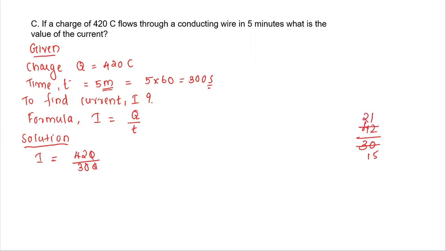Now we can cancel with the 3. 3 5s are 15, 3 7s are 21. 7 divided by 5. 5 1s are 5. 2 remainder, put a point and put 0. 5 4s are 20. So we got 1.4 ampere. So we got the value of current I is equal to 1.4 ampere.